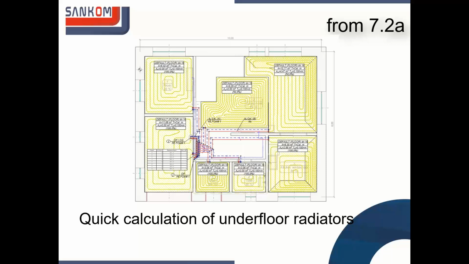Quick calculation means that you can do it while designing. You don't need to have the complete design. We will develop this philosophy of calculation also for other elements, but for the main calculations, you need the complete design.